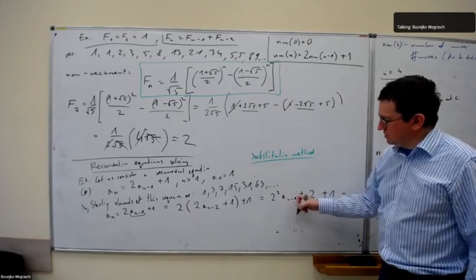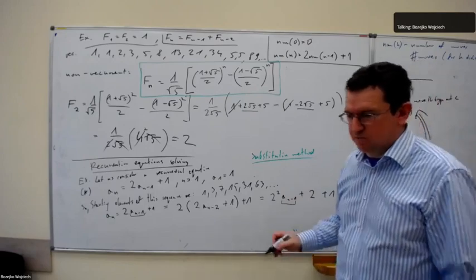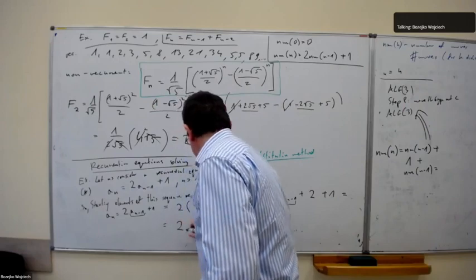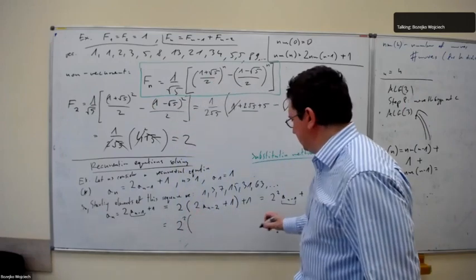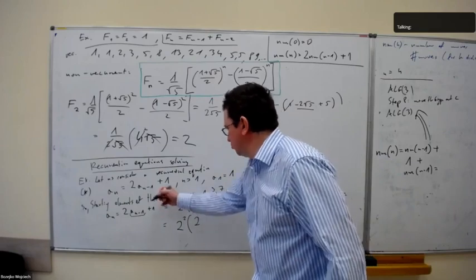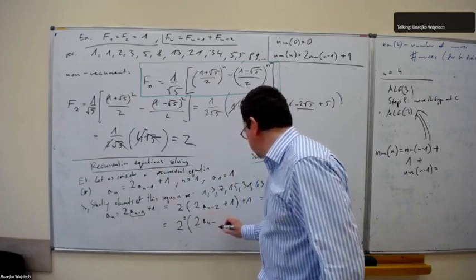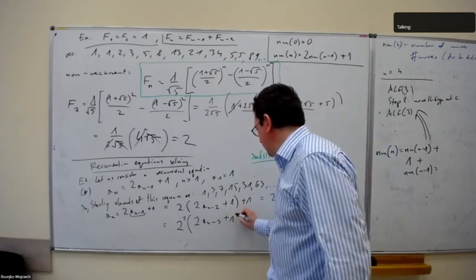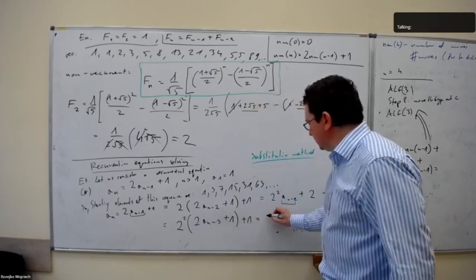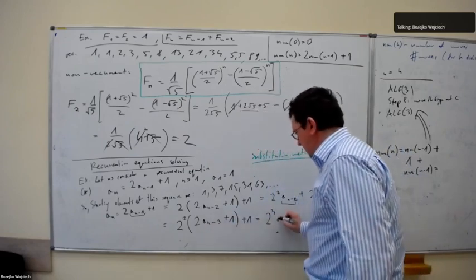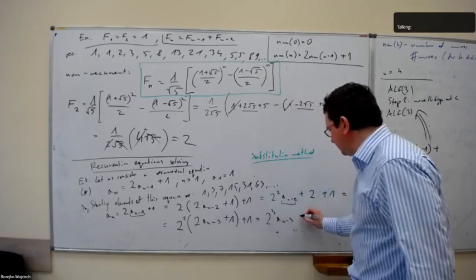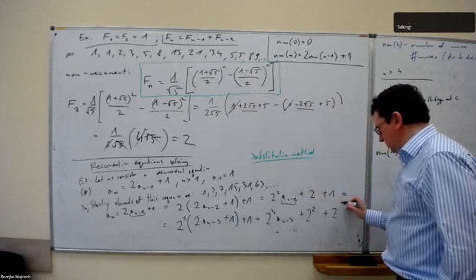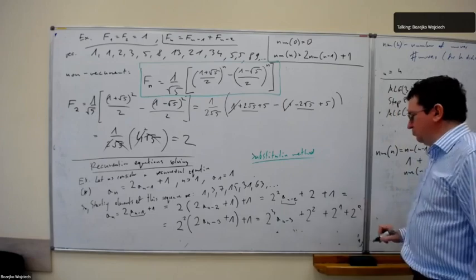Okay, now let us try to write this element from the recurrence, so also from this equation. So we'll obtain 2 squared times a_{n-2}, which can be written as 2 times a_{n-3} plus 1, and this can be written as 2 to the power of 3 times a_{n-3}, plus here we'll obtain 2 squared, plus 2 to the power of 1, and plus 2 to the power of 0.